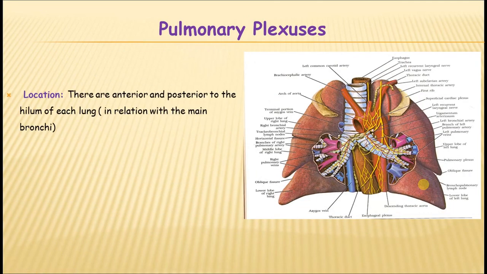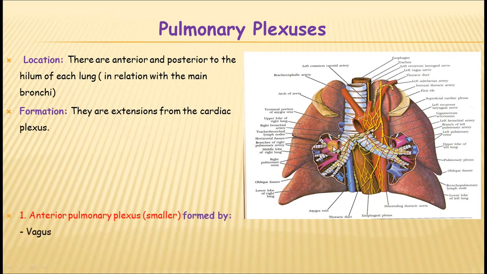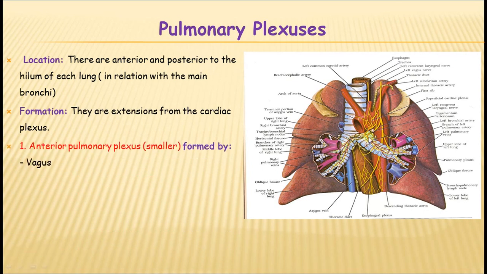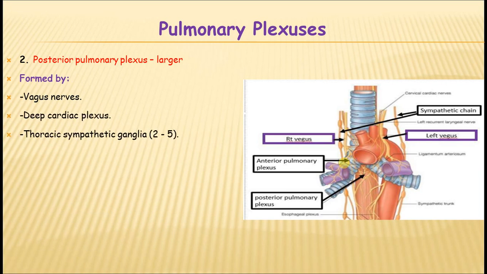Pulmonary plexus, anterior and posterior to the hilum of the lung, mainly you are able to see here. This is the pulmonary plexus, and its extensions are again branches from the cardiac plexus, the deep cardiac plexus. So the anterior plexus is formed in front by the vagus and superficial cardiac, and the posterior plexus is mainly formed by the vagus, the deep cardiac plexus, and sympathetic.